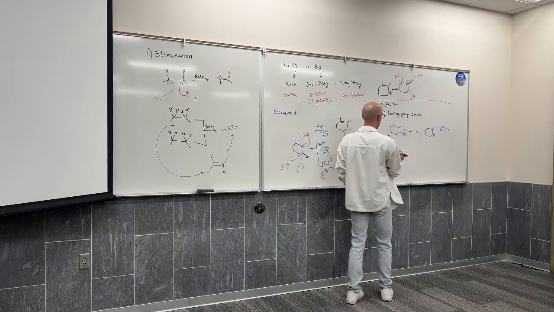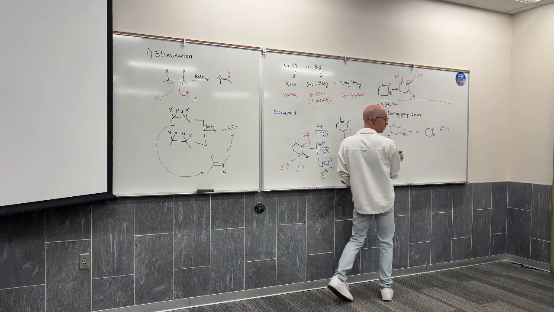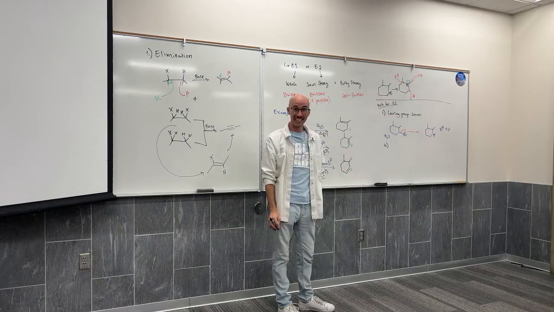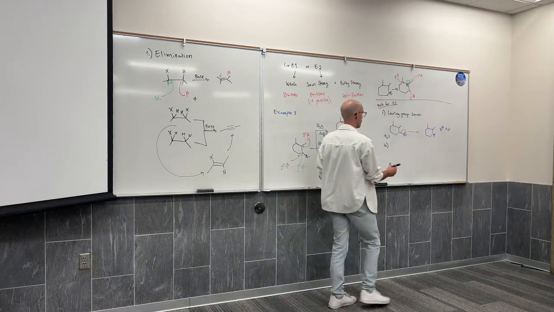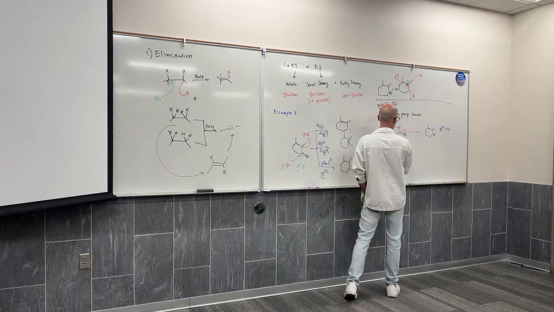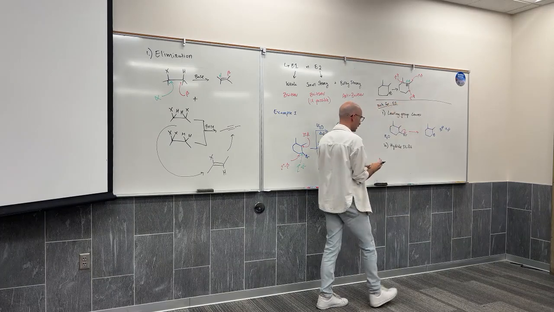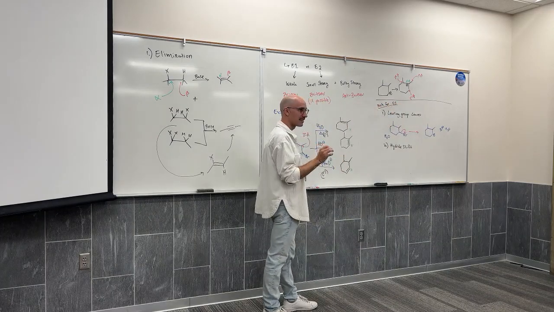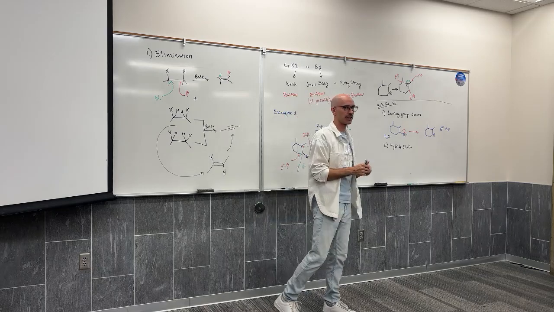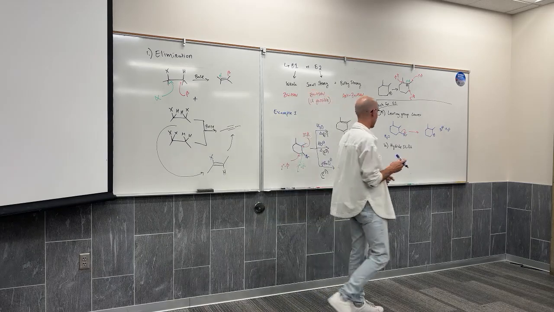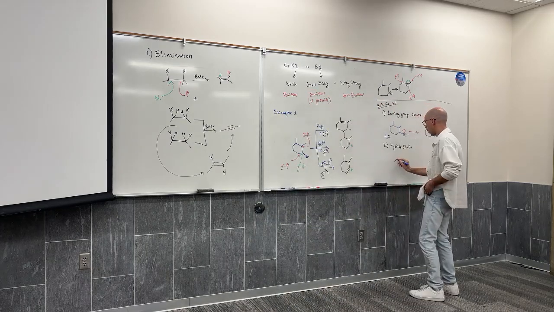Step 1A, because this is not always true of all E1 mechanisms, hydride shift. This is only true in mechanisms where a carbocation rearrangement occurs. Carbocation rearrangements don't always occur.